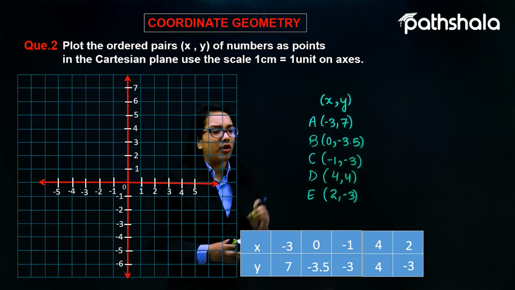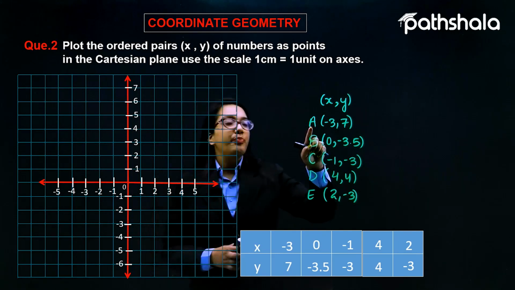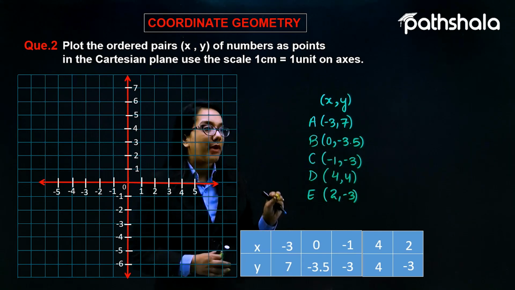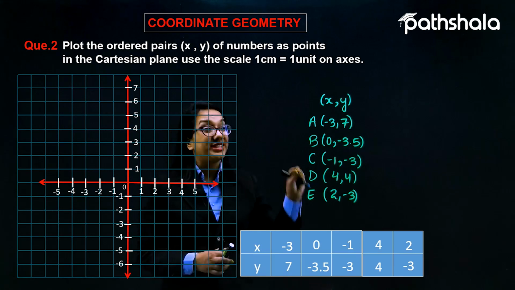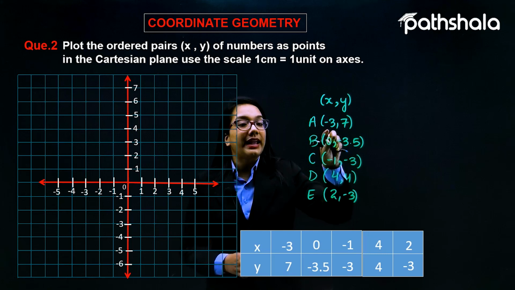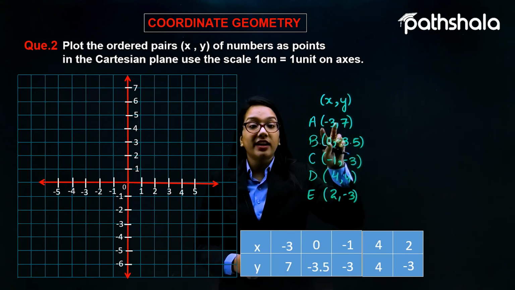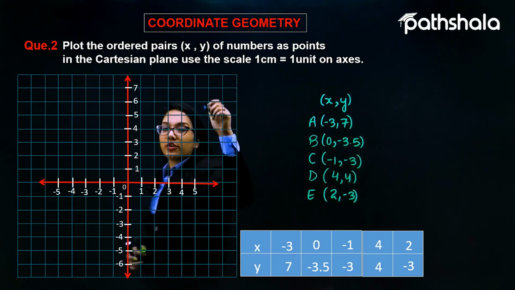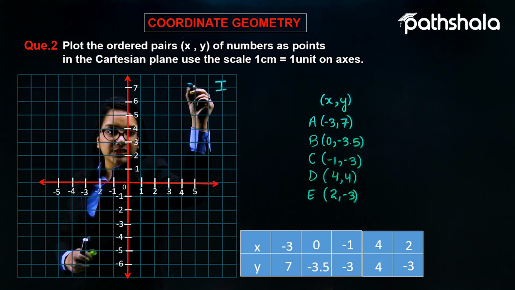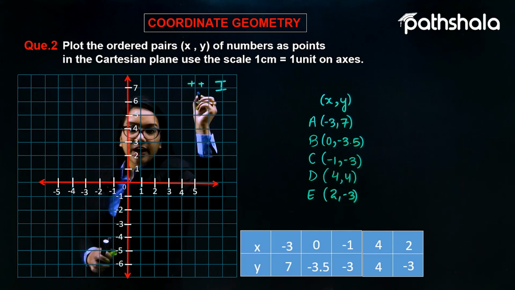First of all, A has the coordinates -3 and 7, where the abscissa is negative and the ordinate is positive. So it is negative, positive. Which quadrant is it lying in? Let me write it over here. In the first quadrant, both signs are positive.